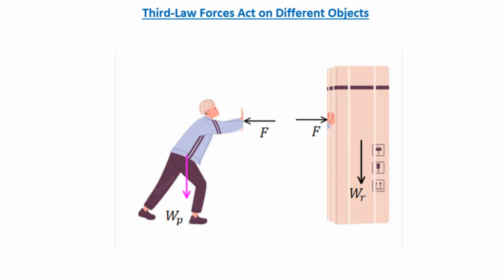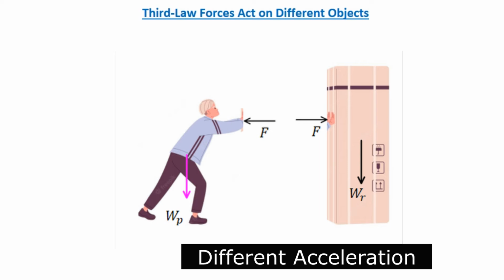Like here, as the person exerts a force on a refrigerator, by the third law the refrigerator also applies a force on the person, which you can see in their respective free body diagrams. And since action and reaction forces act on different objects, they generally produce different accelerations. Confused?